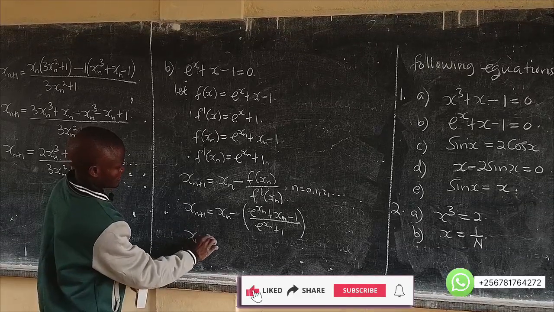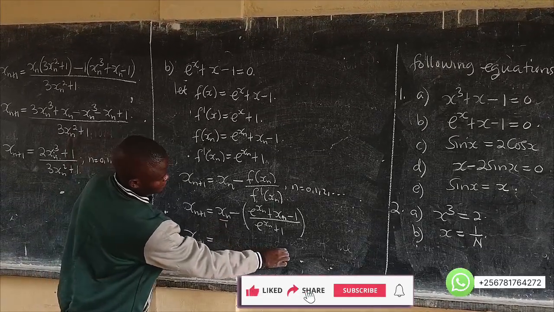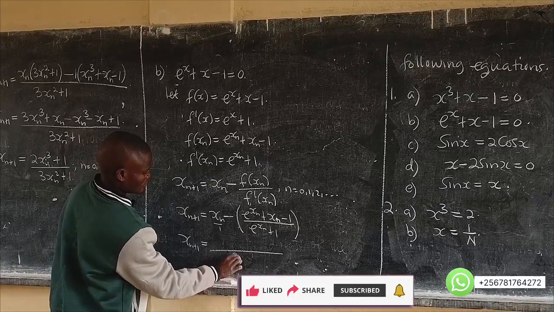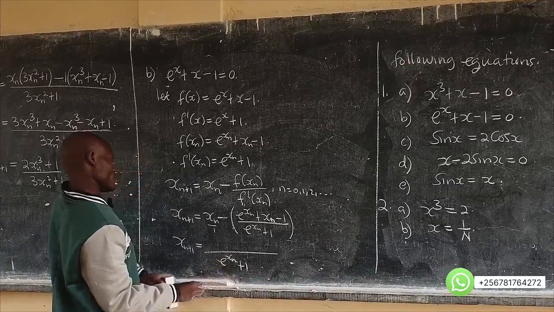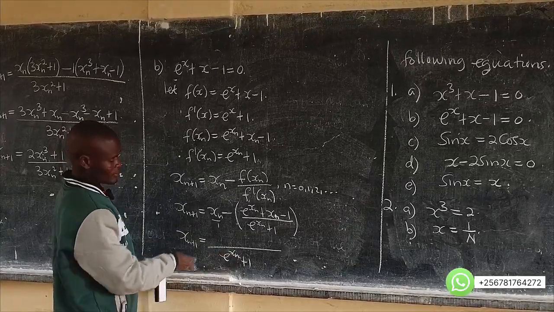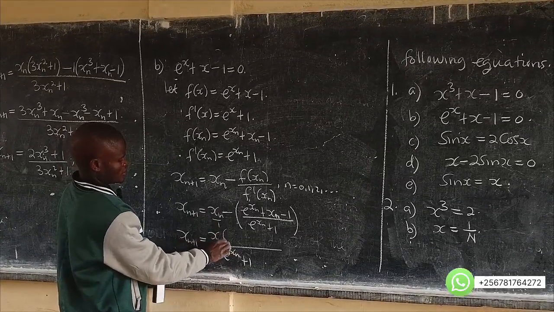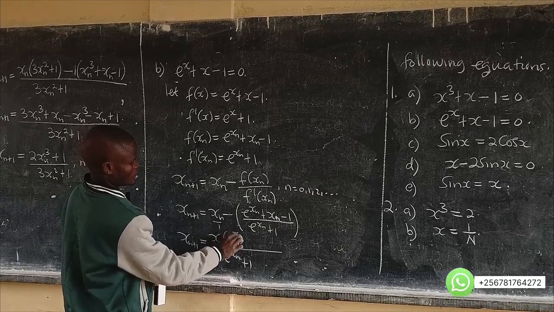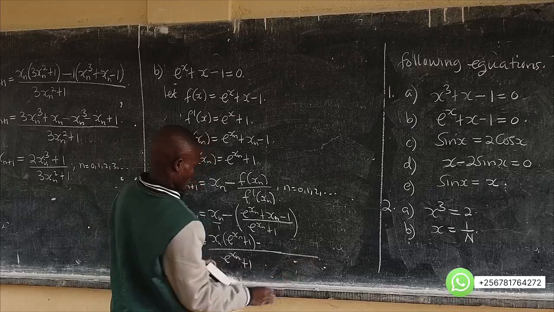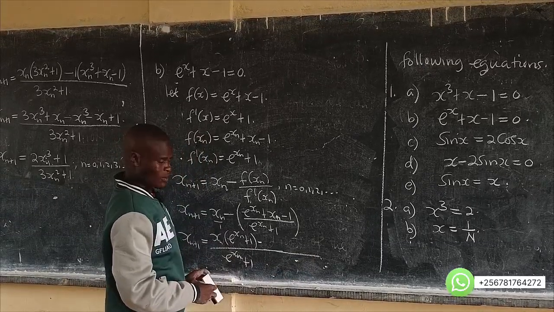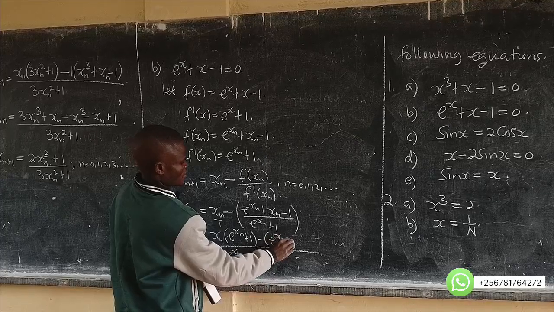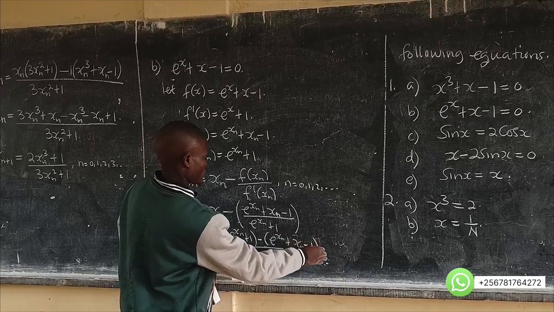So if I am to simplify, I believe we can take the LCM, and that is exponent of x_n plus 1. So if I get this divided by a 1, I get this very function times that, which is x_n into (exponent of x_n plus a 1) minus, if I get this divided by this, I get a 1 times that. We are going to get exponent of x_n plus x_n minus a 1.